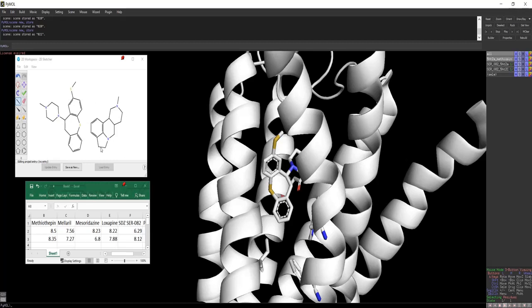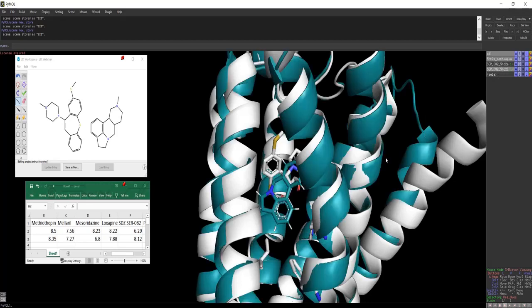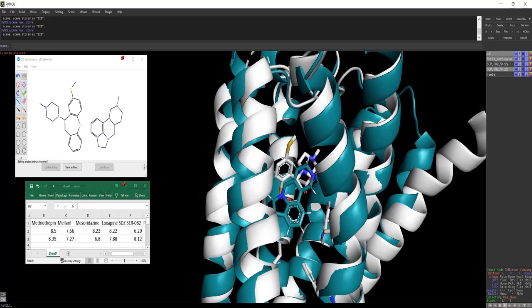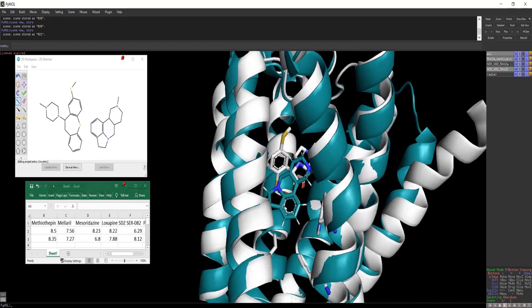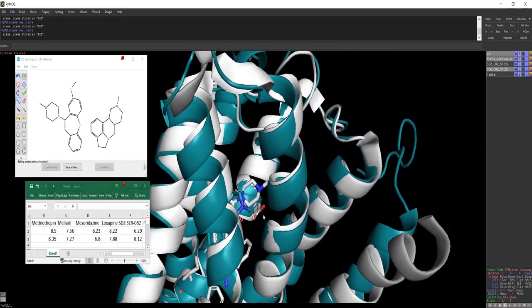Structurally, you can see here it's quite distinct from methiopepine, but it does have that aromatic and that nitrogen that are in the proper position to interact with that aspartic acid. So let's look at the docked structure of this compound to 5-HT2C first. Here we can see that the aromatic lines up perfectly with the one in methiopepine, interacts with the toggle switch and the PIF motif. And we can see here that the nitrogen is also in the proper position to interact with the aspartic acid.